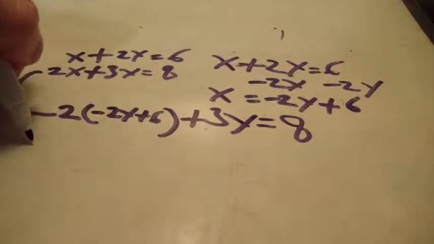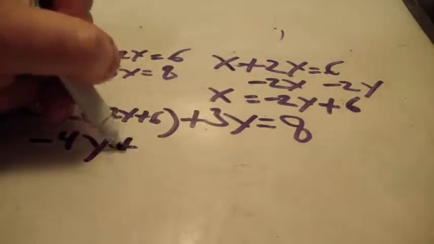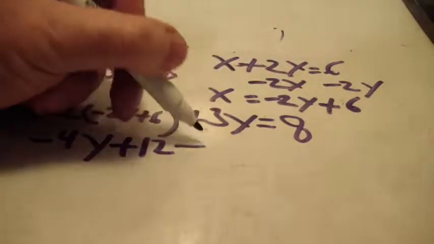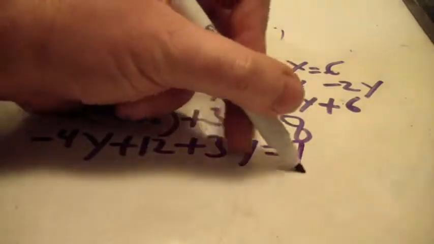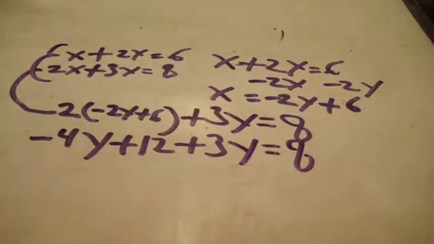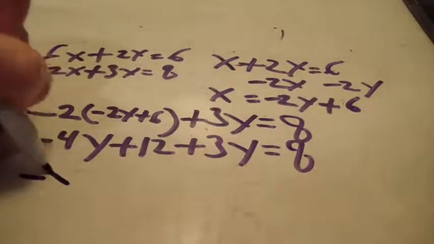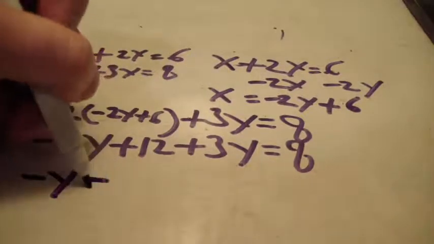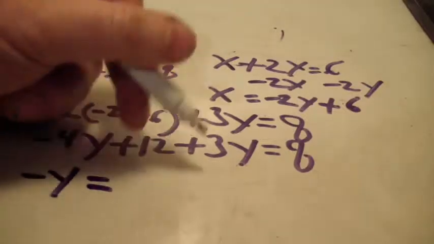Now we distribute the 2. Negative 4y plus 12 plus 3y equals 8. So let's combine like terms. We got negative y plus 12 equals 8, and we minus 12 from both sides.